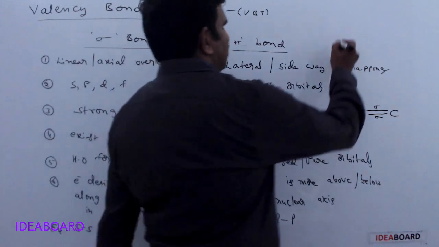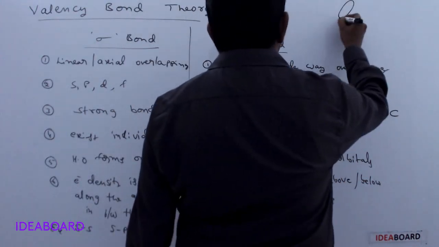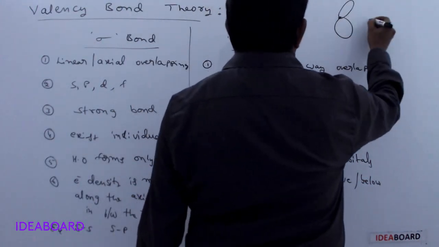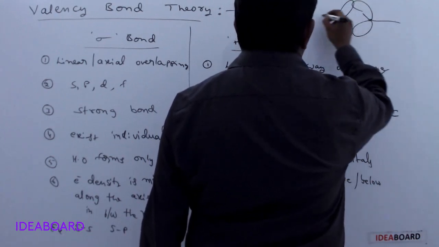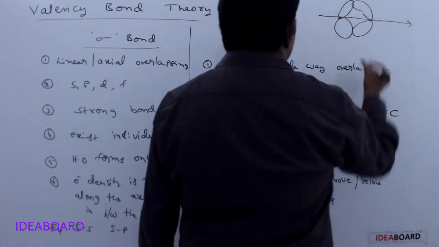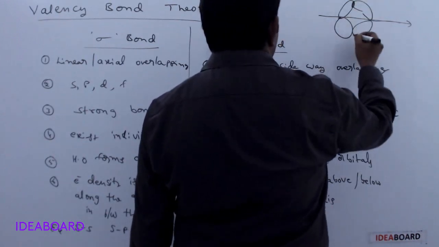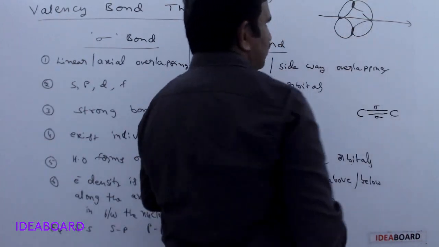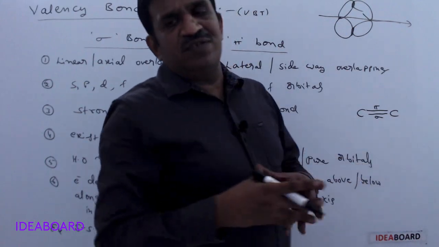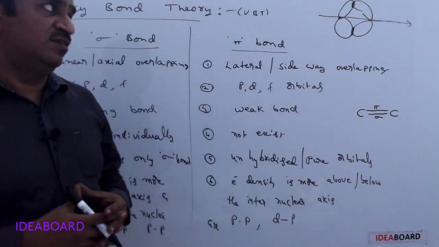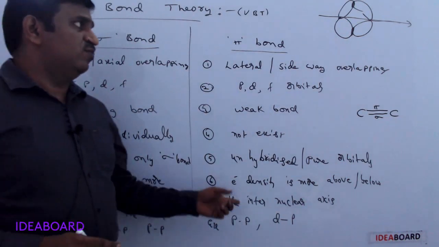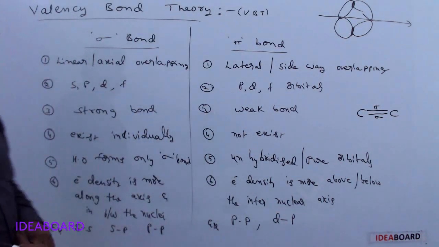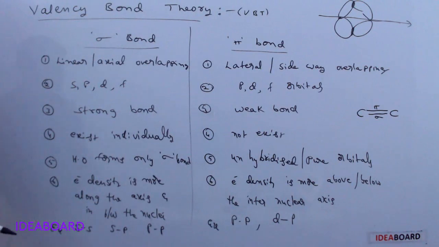Because of this, there are some repulsive forces, so it becomes weaker, and the extent of overlapping is also less. So that is the difference between sigma and pi bonds.